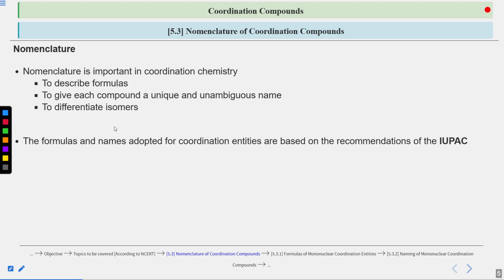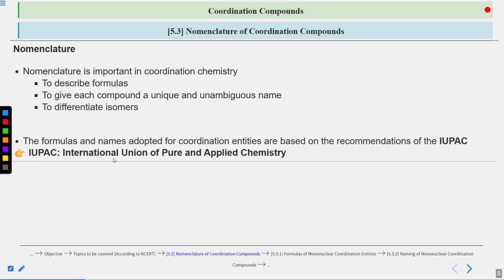The formulas and names adopted for the coordination entities are based on the recommendations of IUPAC. So this is not like we do it by ourselves. Basically, the formulas and the names that are going to be adopted for the coordination entities, remember we have studied coordination entities in the previous part, are particularly based on the recommendation of IUPAC.